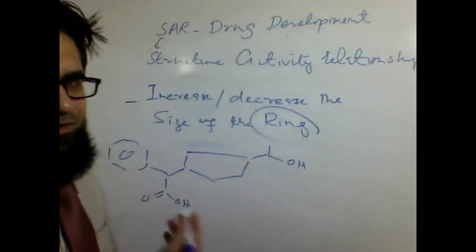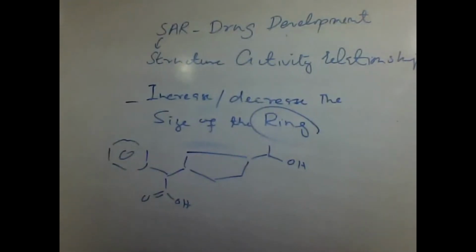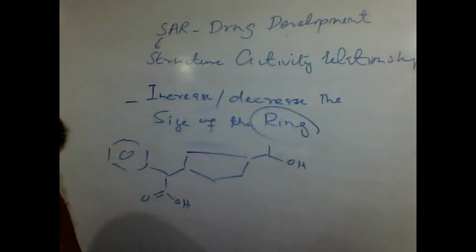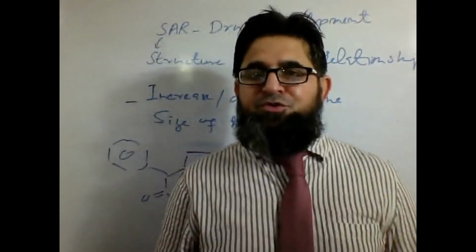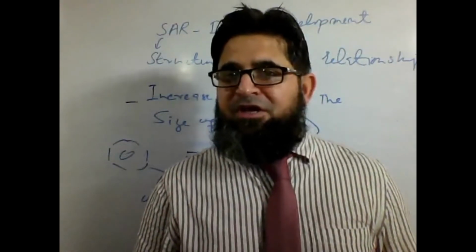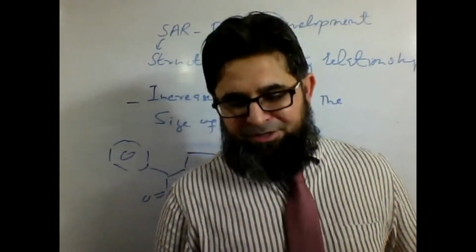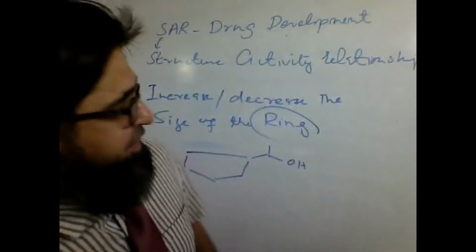Let's say we are using a ring with 5 carbons. So increase or decrease in the size of the ring is also an option to play around with the chemistry, with the structure of the lead molecules in order to enhance their biopotential, you know.